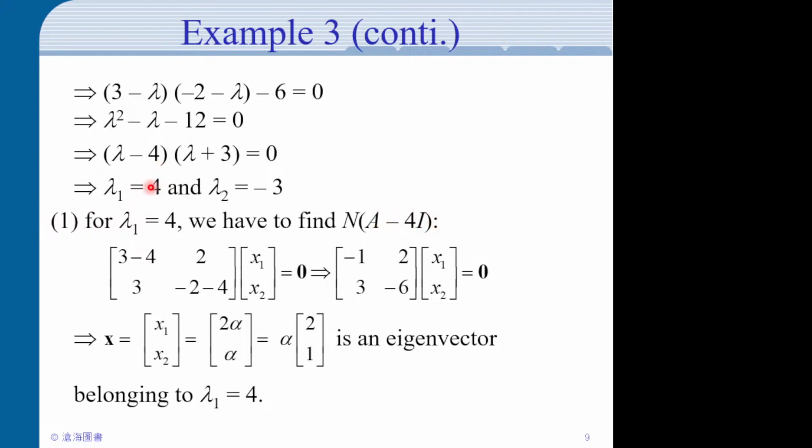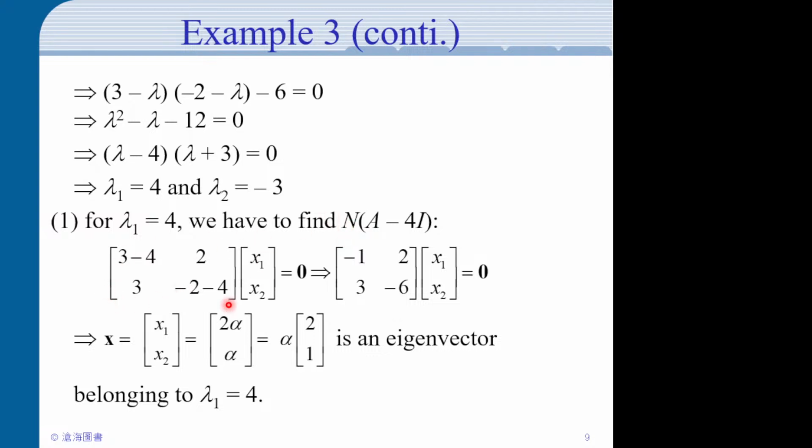First lambda is 4, so let's calculate A minus 4I first. It's 3 minus 4, 2, 3, and minus 2 minus 4. Then finding the null space, we have been doing this a lot this semester.